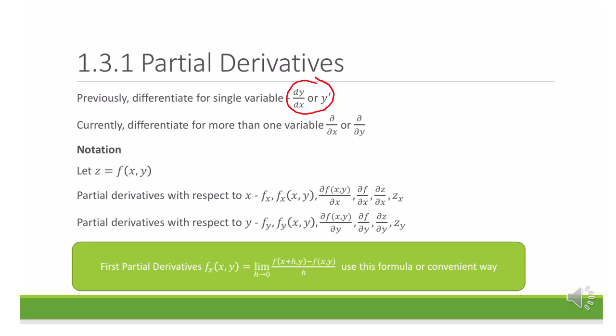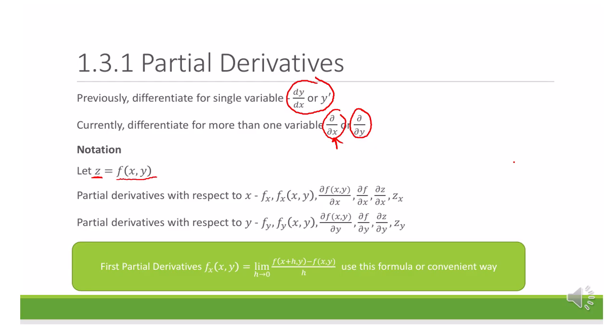Now we are learning that differentiation can involve more than one variable, and it should be written like this, which means differentiate with respect to x and differentiate with respect to y. So we let the function be z equals f(x, y).